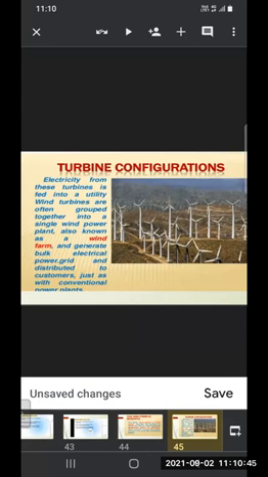Wind turbines are often grouped together into a single wind power plant, also known as a wind farm, and generate bulk electricity, which goes into the power grid and is distributed to the customers just as with conventional power plants. So look at this wind farm. It is called a wind farm.